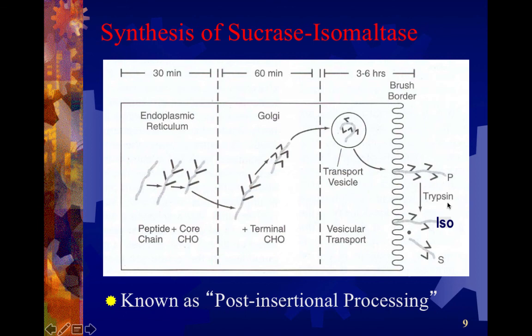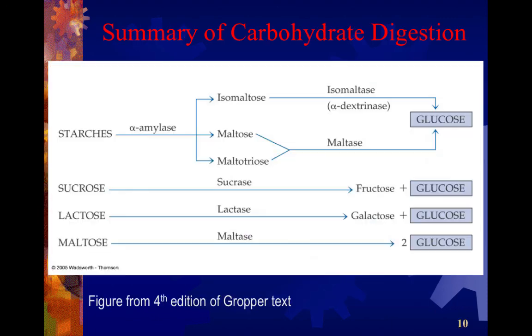Trypsin digests dietary protein, but trypsin also cuts this precursor so that it becomes two functional enzymes, isomaltase and sucrase. And that's how they end up in that brush border membrane. Pretty interesting. One gene, two functional proteins that are made with a post-insertional processing mechanism. And that's how they get there.